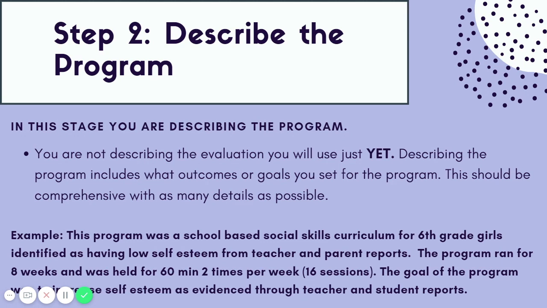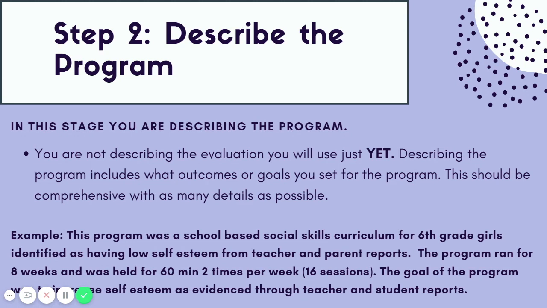So this program was a school-based social skills curriculum for 6th grade girls identified as having low self-esteem from teacher and parent reports. The program ran for 8 weeks and was held for 60 minutes 2 times per week. 16 sessions in total. The goal of the program was to increase self-esteem as evidenced through teacher and student reports.